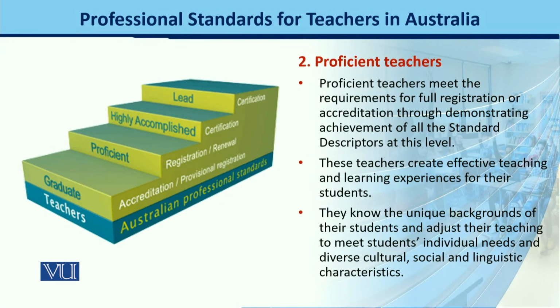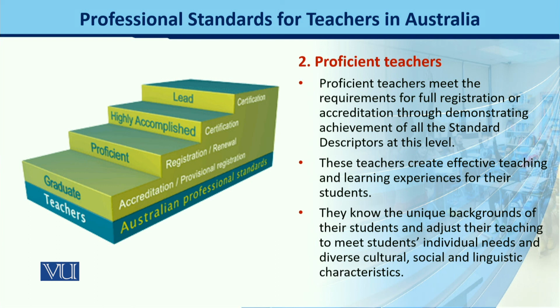The other teacher level is the professional teachers. The first level is graduate teachers and the second level is professional teachers. Professional teachers are senior to the graduate teachers, more competent, and supposed to be fully competent for registration or accreditation. In different countries of the world, there are different procedures of teacher registration.